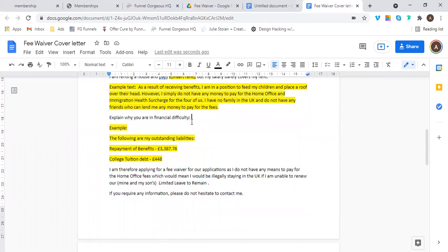It may be that you found a job but it doesn't pay enough. You have a lot of financial obligations. For example, in this client that I have, she's a single mom with 3 children.